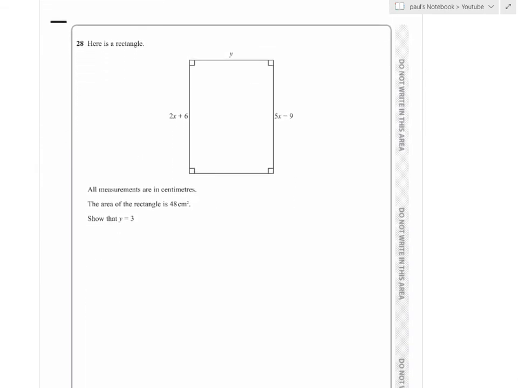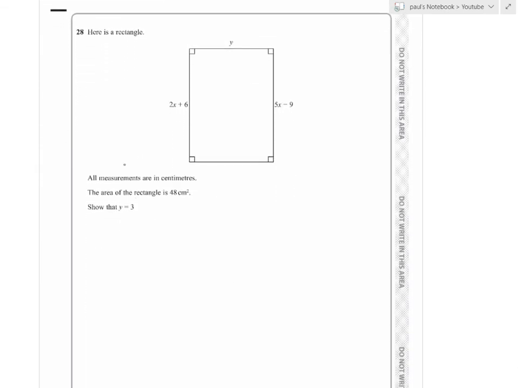What are we up to? Oh, it's a rectangle. Right, here's a rectangle. The area of the rectangle is 48. Show that y equals 3. So the area is 48. Right, so that equals that, doesn't it? So let's do that first. 2x plus 6, because we've got to find the value of x, equals 5x minus 9.